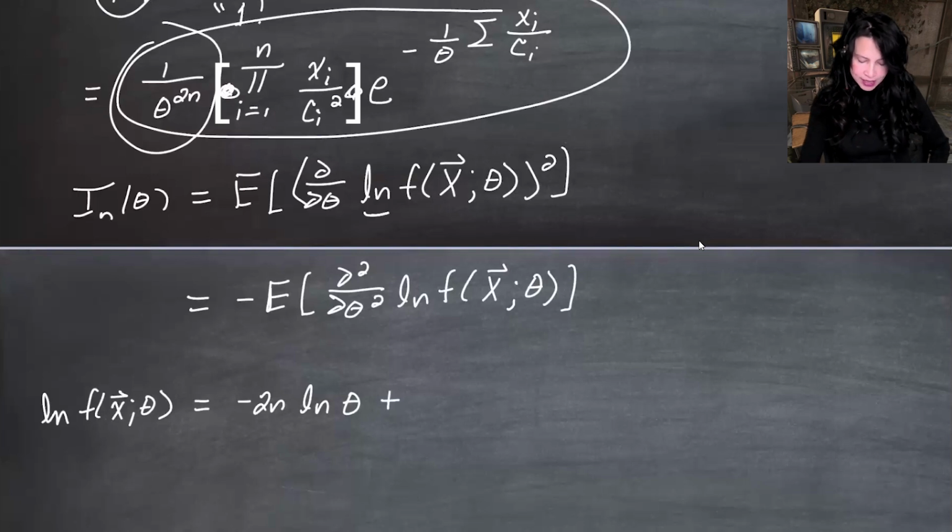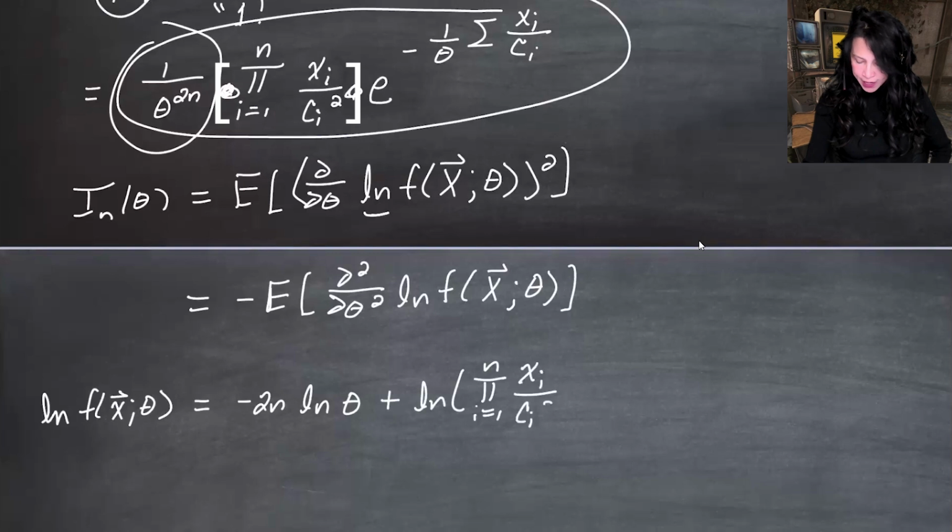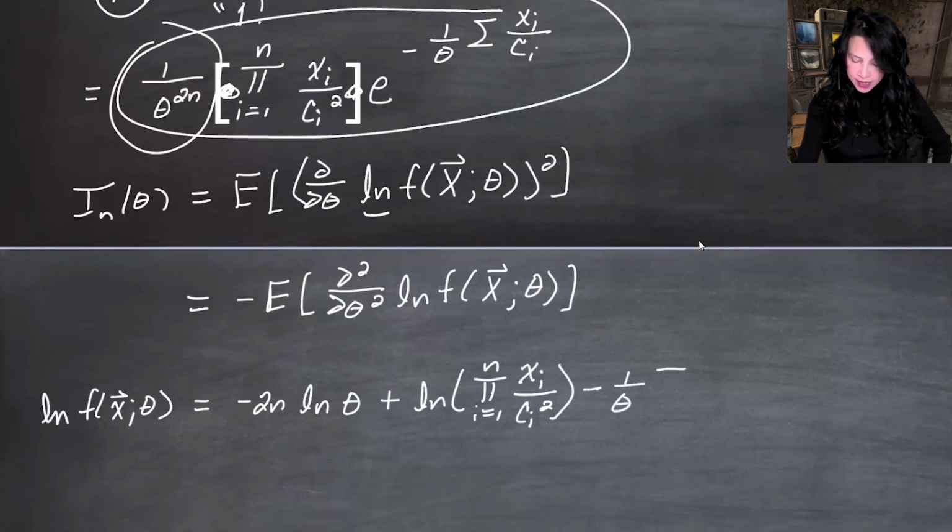So plus the log of this product, which of course is a sum of logs. And you might go ahead and write that right now and not write this intermediate step. And then the log of the e term, which will give us minus 1 over theta, the sum as i goes from 1 to n of xi over ci.